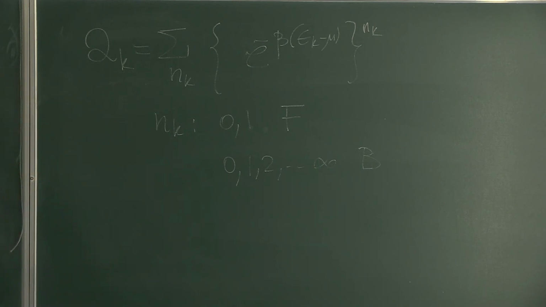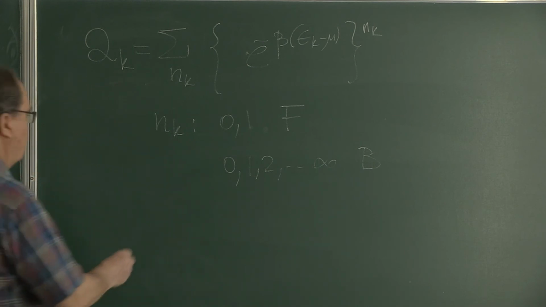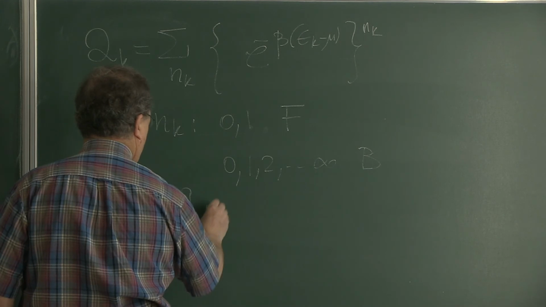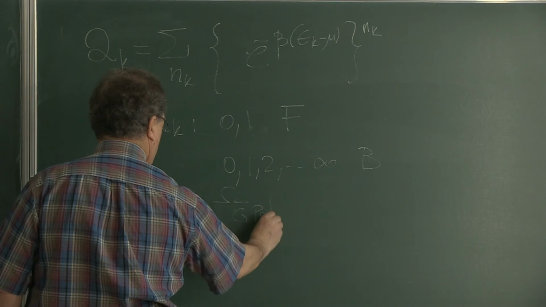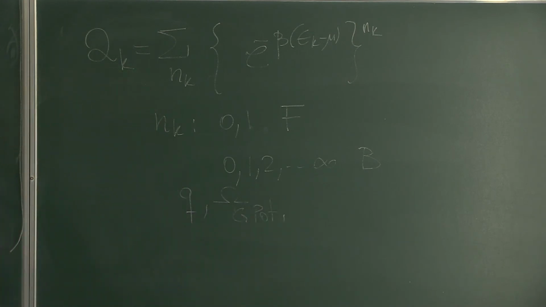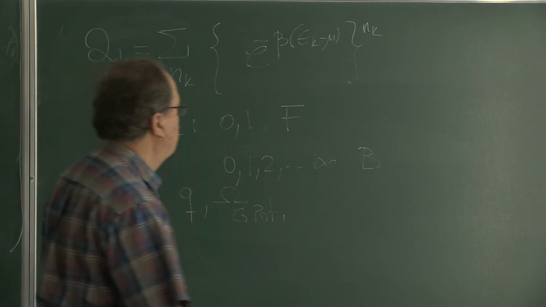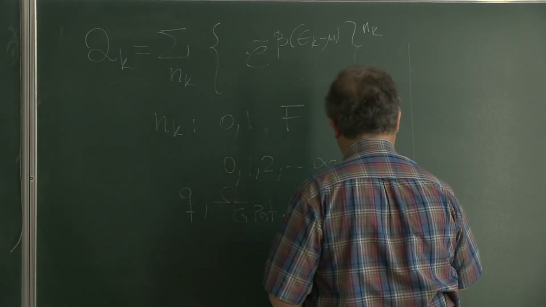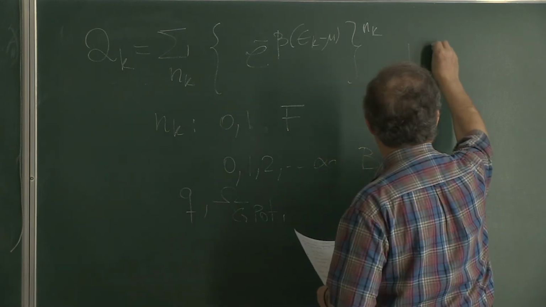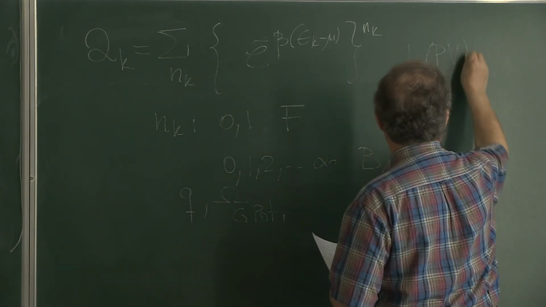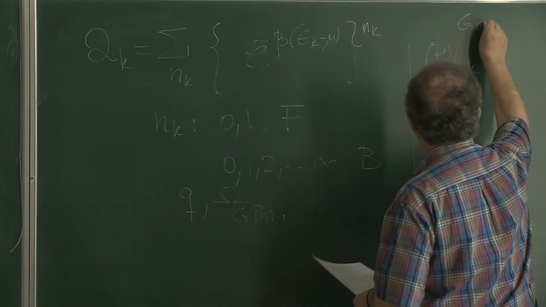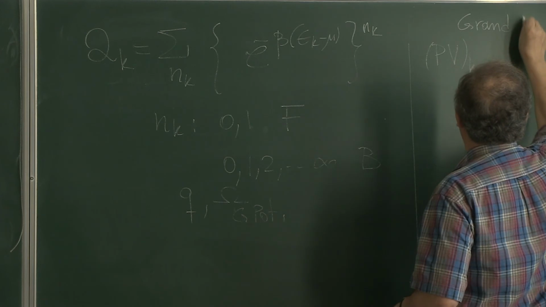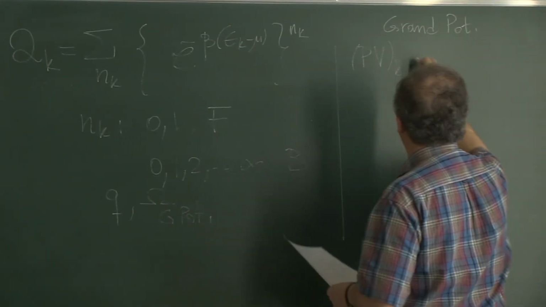Now, you can either use the Q potential, or omega, which is the grand potential. I will use omega this time, because its derivatives are quite simple. Omega was equal to minus P times V, so let's use the grand potential.